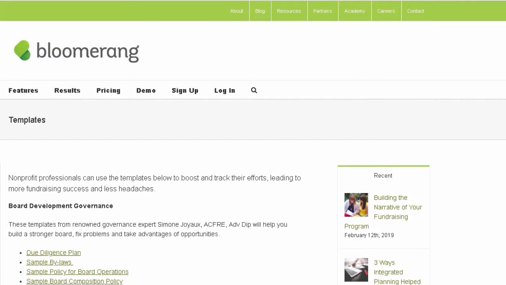But what we're going to talk about today is a couple of resources that I use in my role as database consultant here. They're adapted from some things that I used when I was a self-employed fundraising consultant before joining Bloomerang, updated and customized with some things that Bloomerang has used.